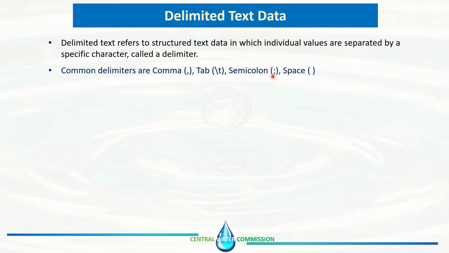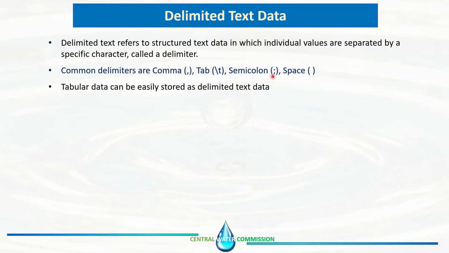While using Microsoft Excel or spreadsheets, you may have seen many files with .csv extension that can be opened in Microsoft Excel. Those are actually text data where individual values in a row are separated by comma. Similarly, you may have come across TSV files with .tsv extension, that is tab separated values.